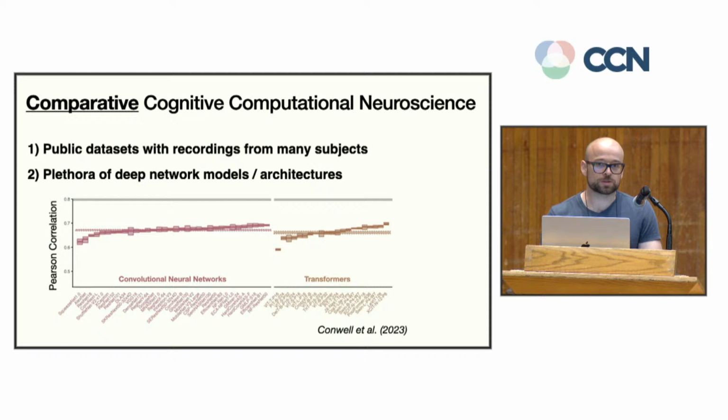And at the same time, there's been an explosion of computational modeling approaches to make sense of these data sets. And a lot of the work at this conference is now centering on these deep network models, which come in a really wide variety of architectures, spanning convolutional architectures as well as transformers.